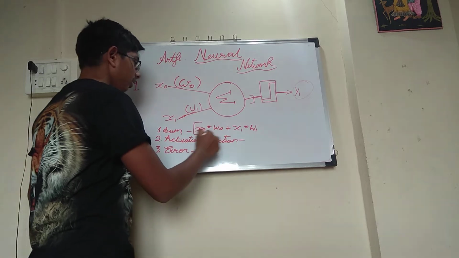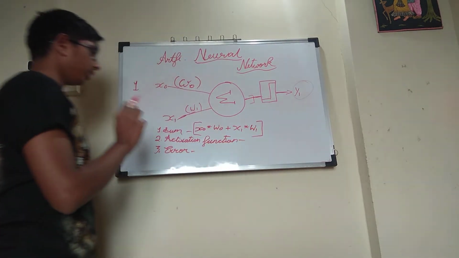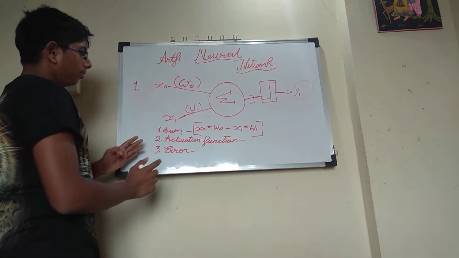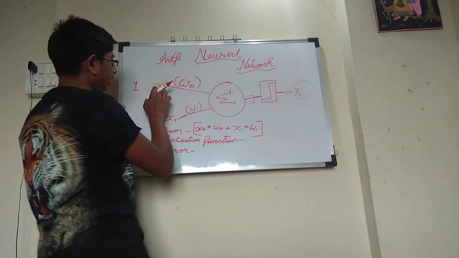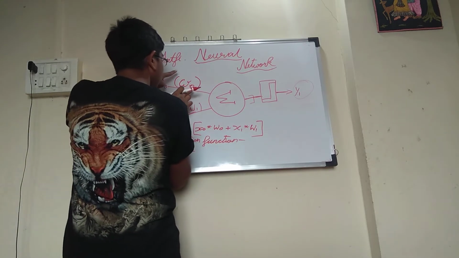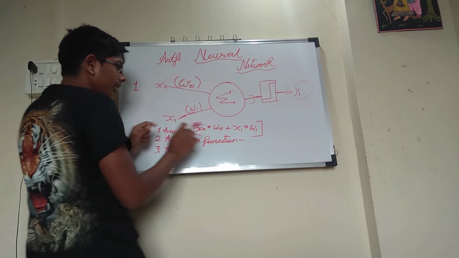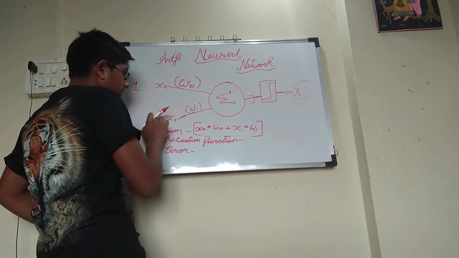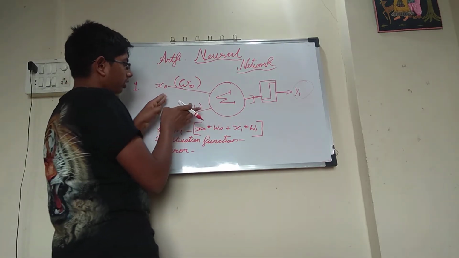What this does is nothing but multiply x index 0 by weight index 0, and then add it to x index 1 times weight index 1.